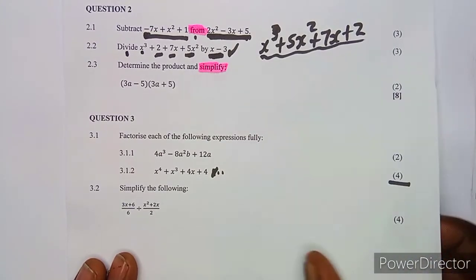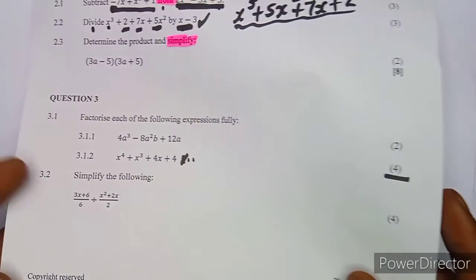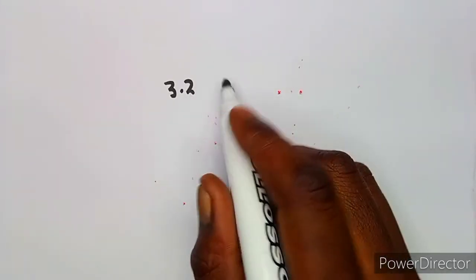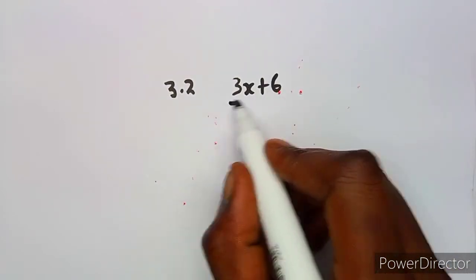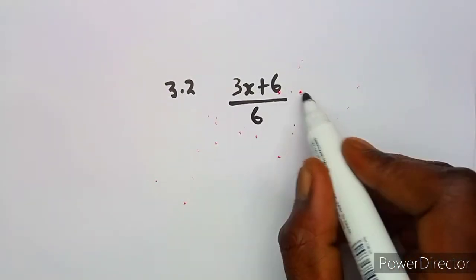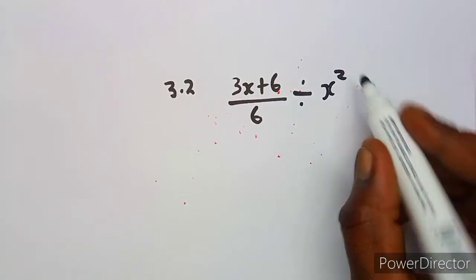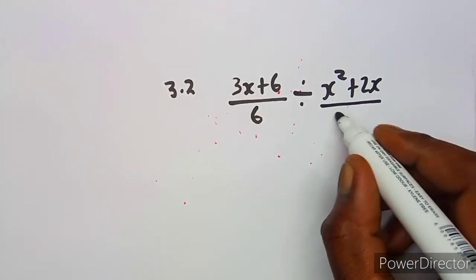Okay, simplify the following. So you're given these expressions to simplify. All right, so I'm going to write it down again. So that's 3.2. We are given to simplify 3x plus 6 over 6 divided by x squared plus 2x, everything over 2 like this.